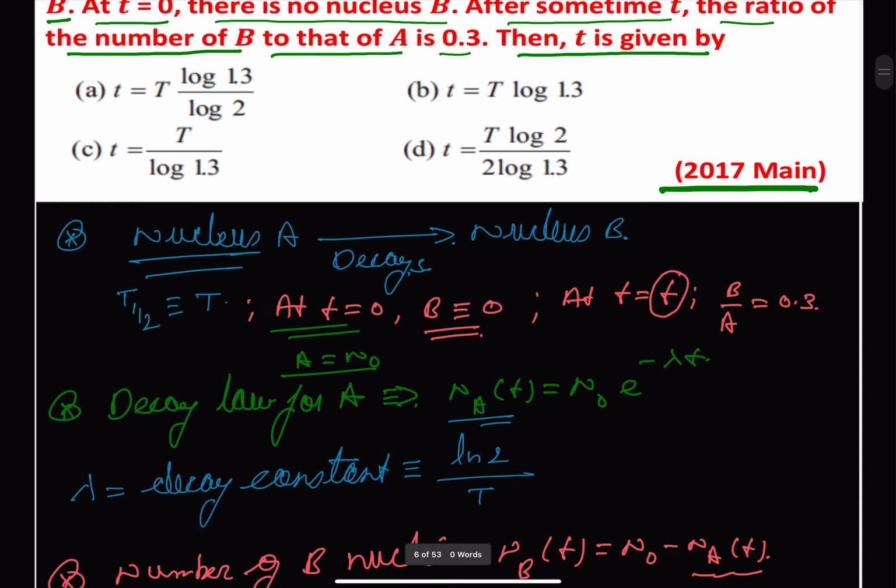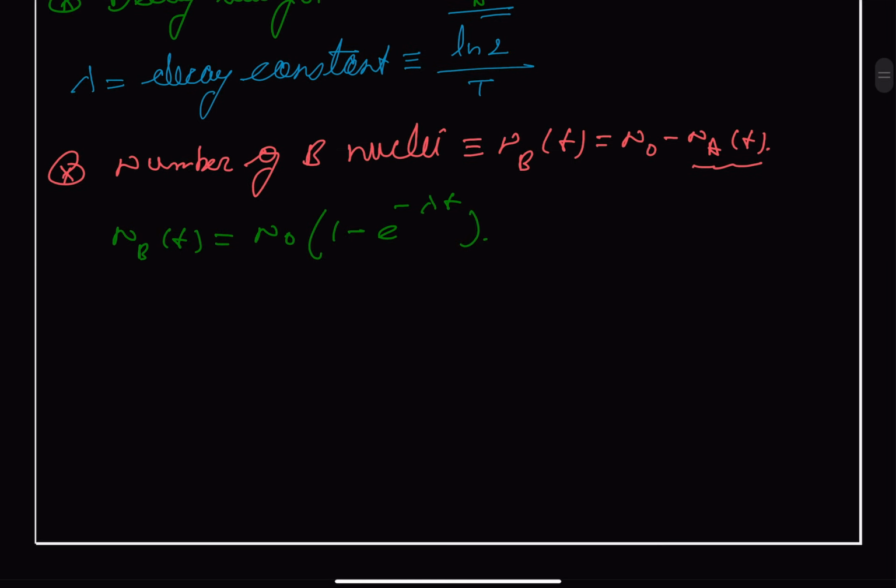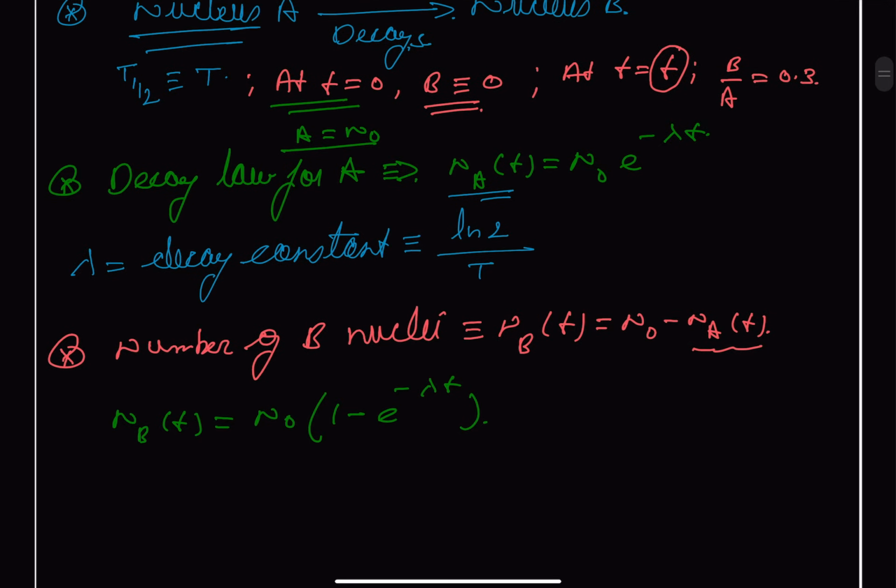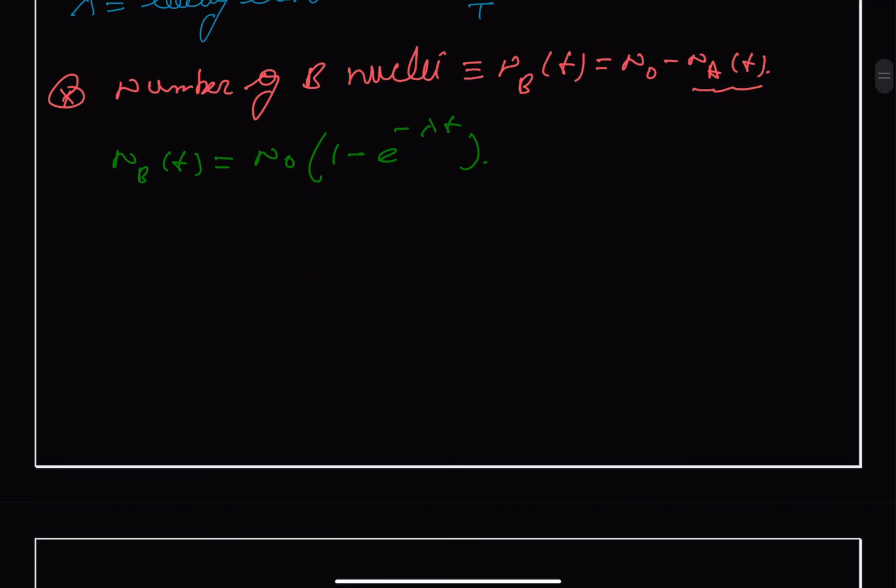Okay, now we are given the ratio of Nb upon Na, which is 0.3. Therefore, we can write that ratio Nb(t) upon Na(t) is given as 0.3.